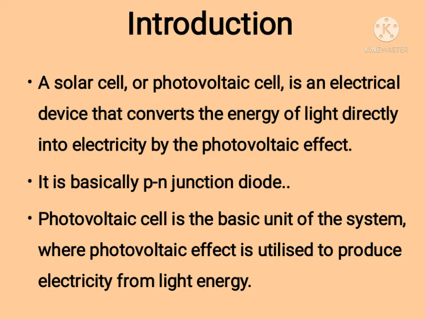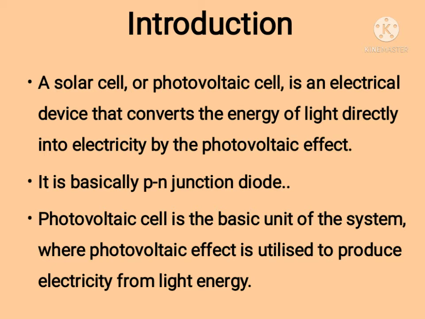Now we see the theory behind the practical. So we see first what is the solar cell. Solar cell converts light energy into electrical energy. Solar cell is basically a PN junction diode.